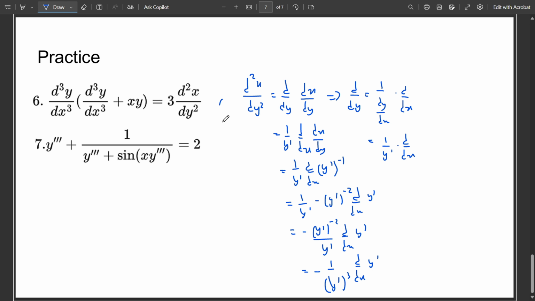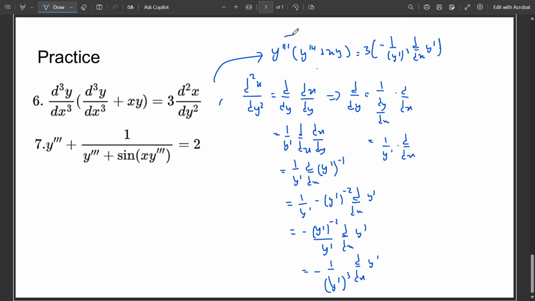And so we can write this differential equation as y triple prime times y triple prime plus xy is equal to 3 times negative 1 over y prime cubed with respect to x of y prime.